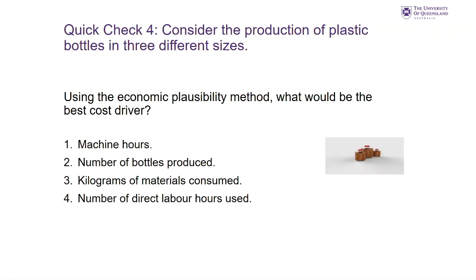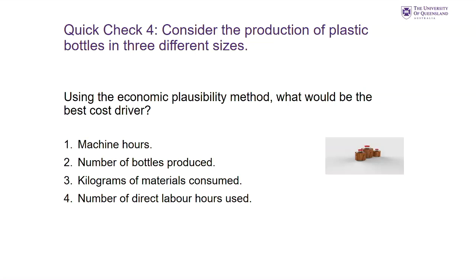So another quick question for you to think about: if I produce plastic bottles in 3 different sizes, using the same machinery, the same people on the production line, using the economic plausibility method, what would be the best cost driver? What causes costs to change? Number 3, the kilograms. Why is that? Basically it's because the size of the bottle is different.